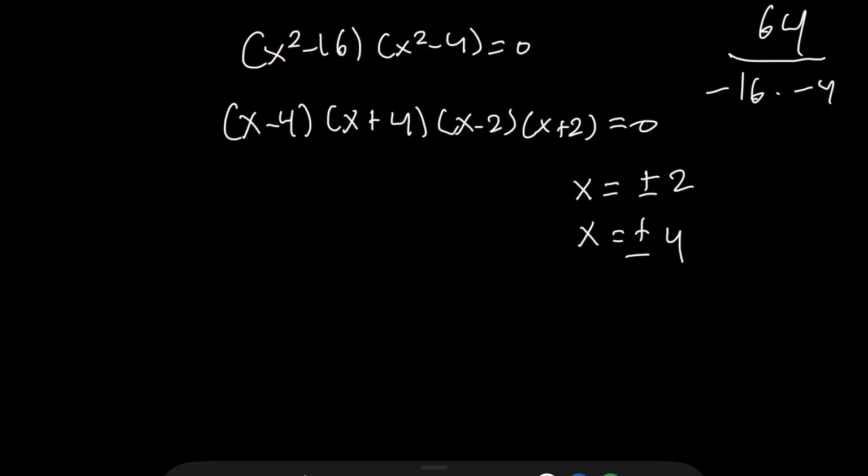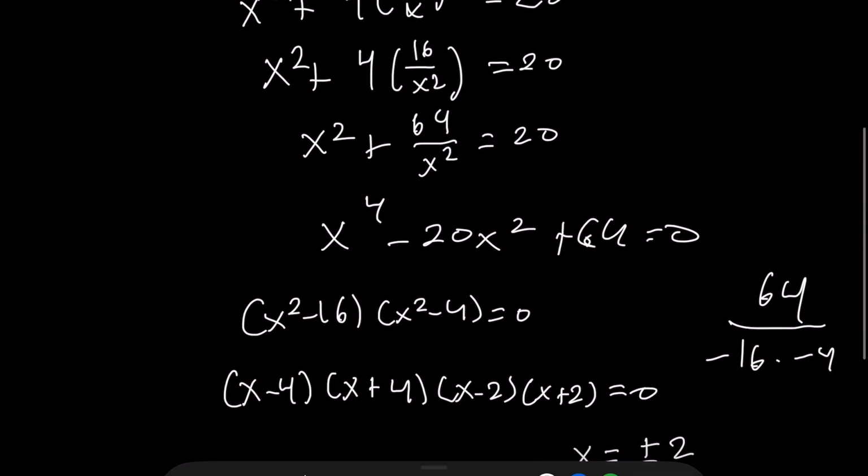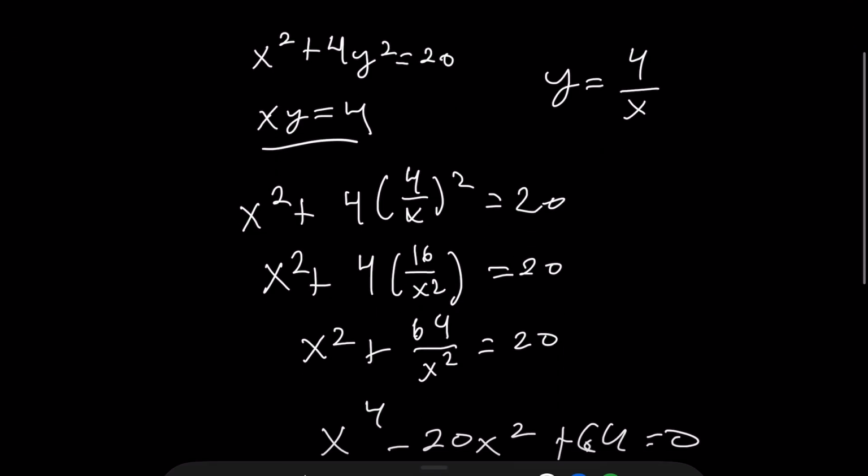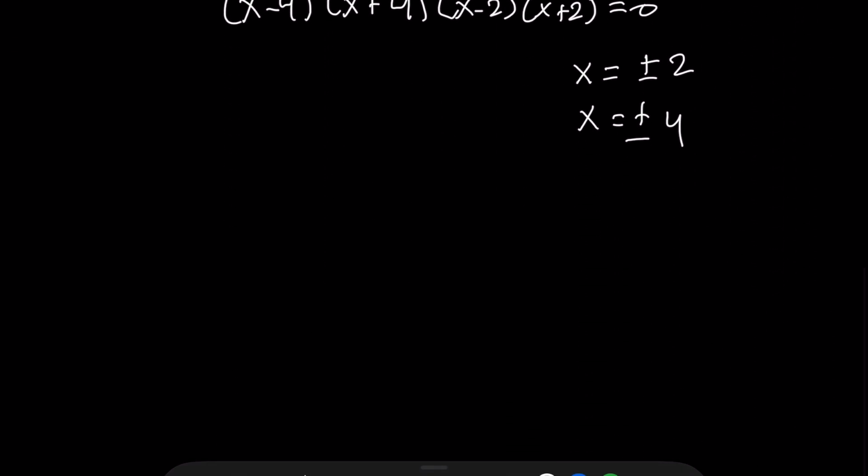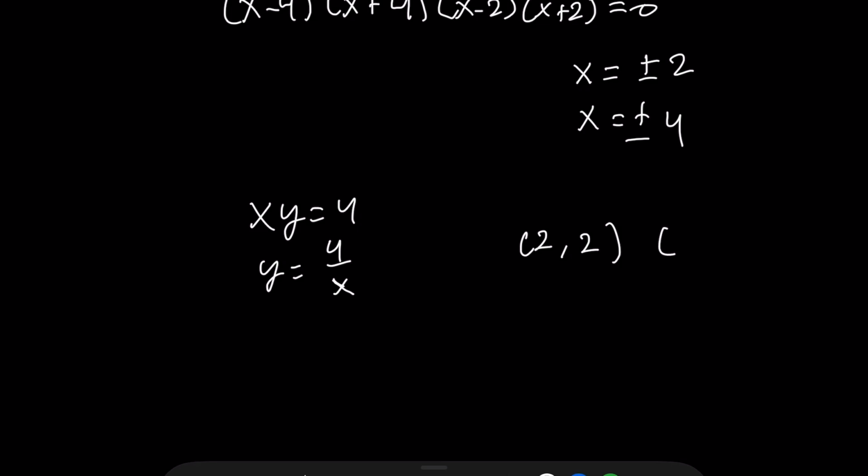Now, I would plug everything into the bottom equation, this guy. So what is that? xy is equal to 4? Or sorry, y is equal to 4 over x. And this should give us all the answers. Plugging in positive 2, that should give us 2.